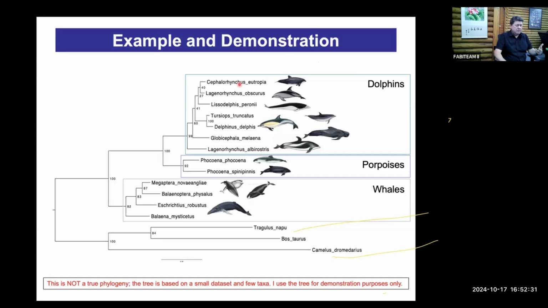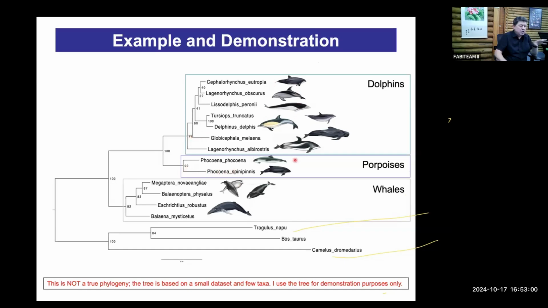So to further illustrate what I mean, here we have a phylogenetic tree. There are very different taxa included in this tree. They belong to whales, porpoises, and dolphins. The dolphins form a lovely monophyletic group, strongly supported by a 99 bootstrap value.